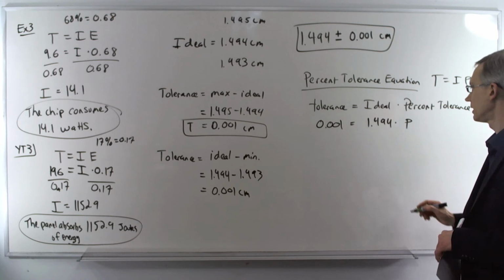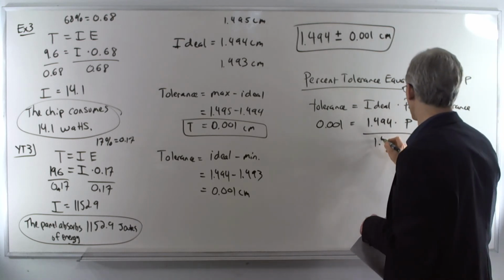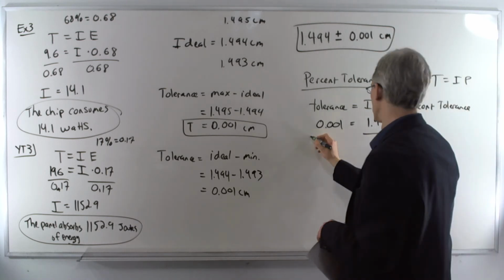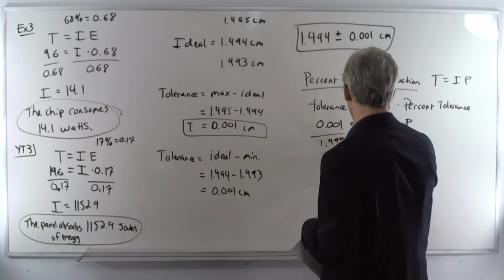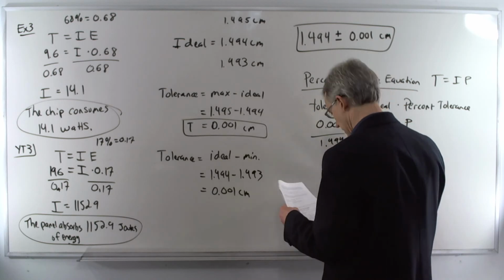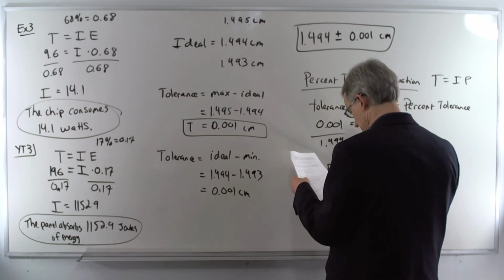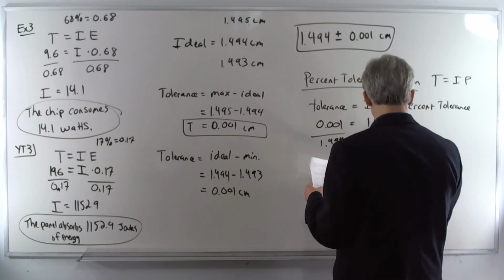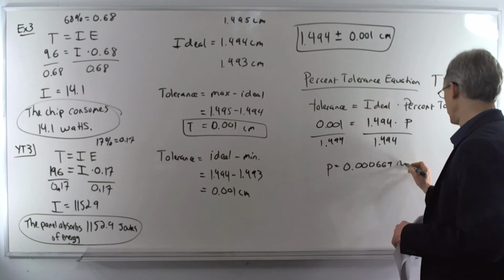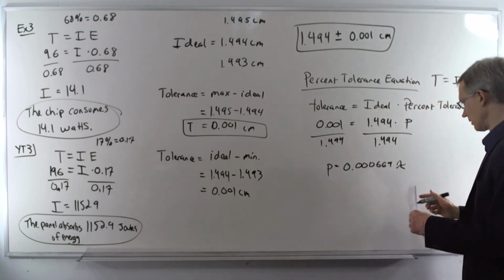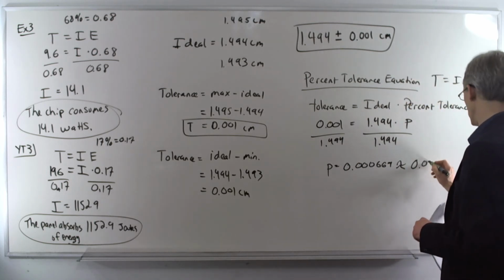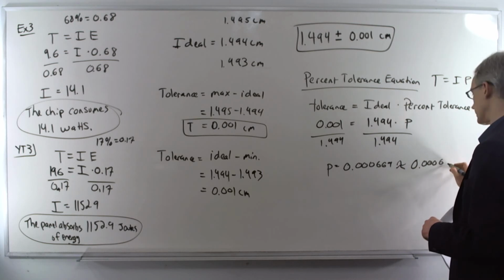Now solving for P, we'll divide both sides by 1.494. And that gives us a P of 0.000669. And we can round that. Just round it to 67.